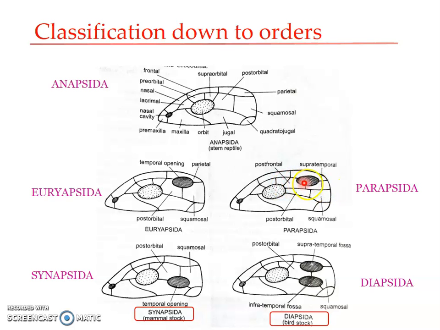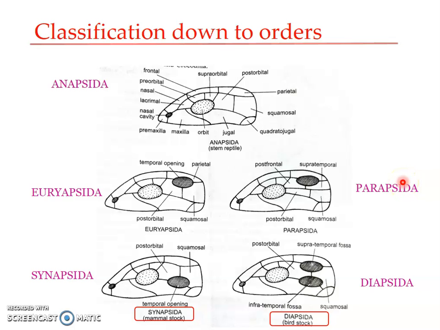The postfrontal and supratemporal are placed dorsal to the postorbital and squamosal bones. And these two bones, obviously, are not found in any other groups, right? So here you can see the temporal fossa is surrounded or bounded by the parietal bone, the postfrontal bone, and the supratemporal bone. Okay, so that is the case with the Parapsida.